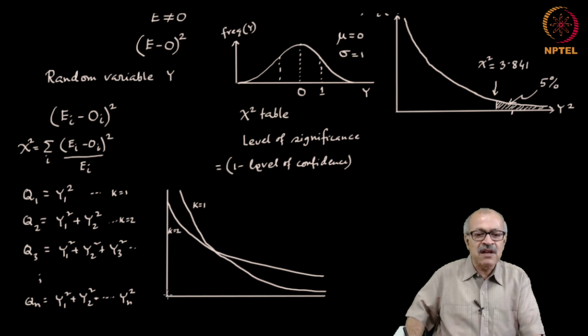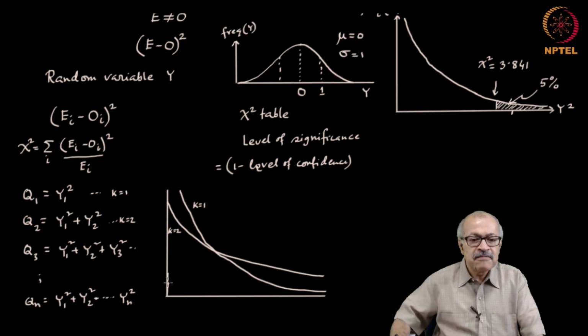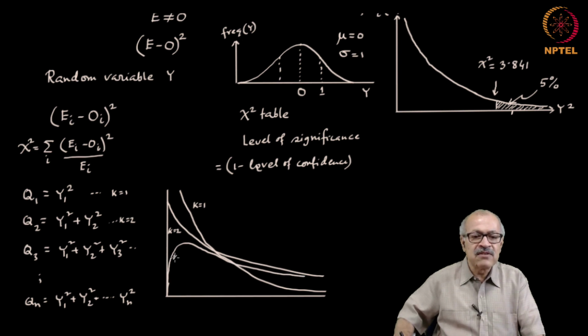So, it will actually start from 0, it will be something like this. So, that is k is equal to 3. Similarly, k is equal to 4 will be something like this, and so on and so forth.